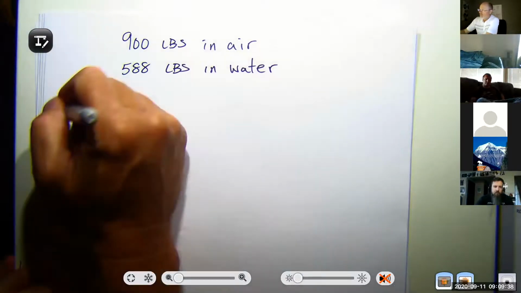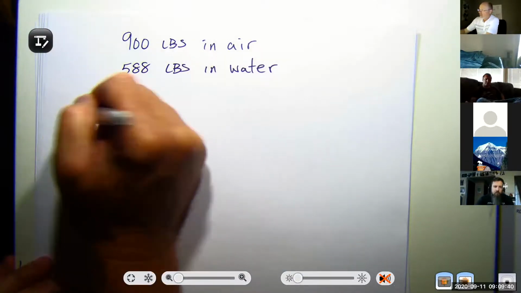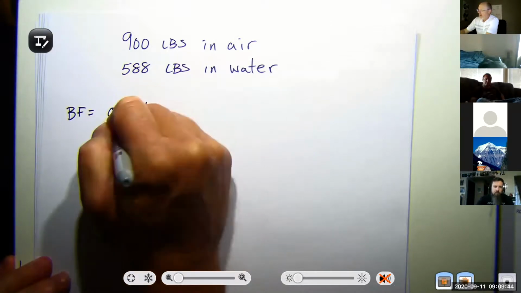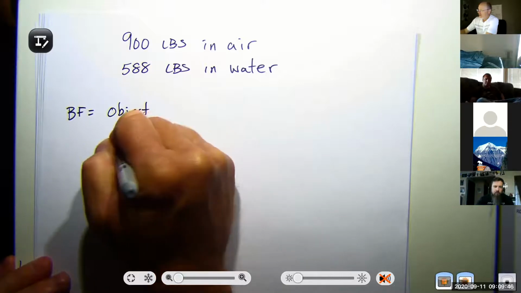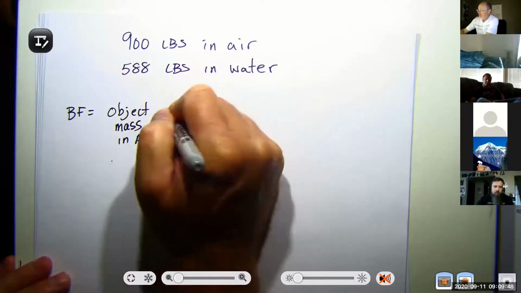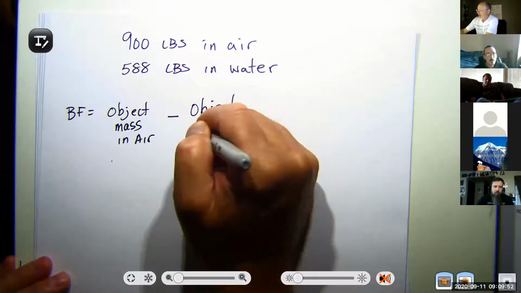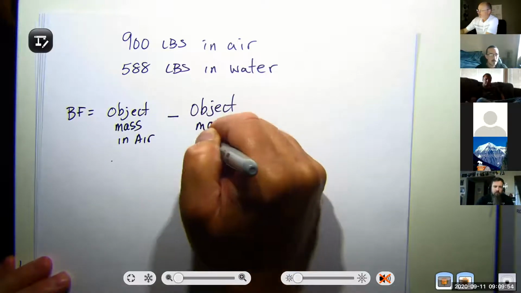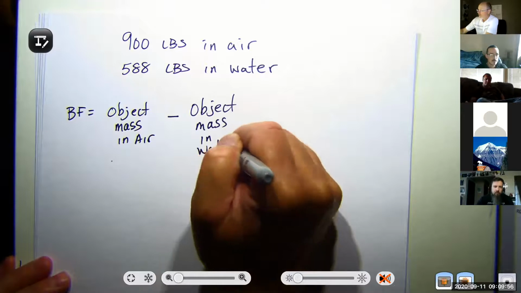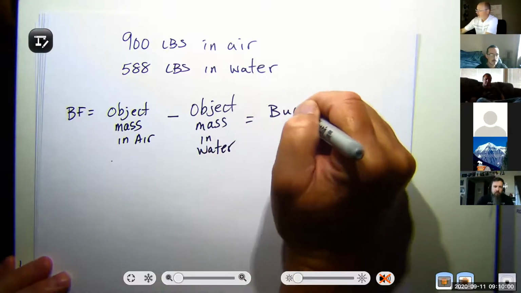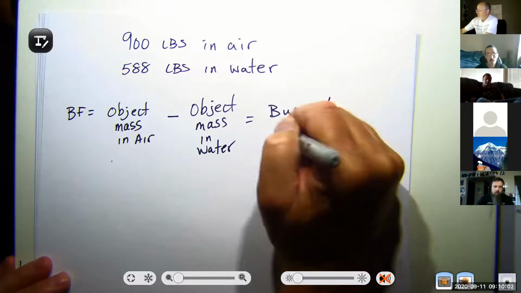Well, buoyant force can also be calculated by taking the object mass in air minus the object mass in water, which will equal the buoyant force.